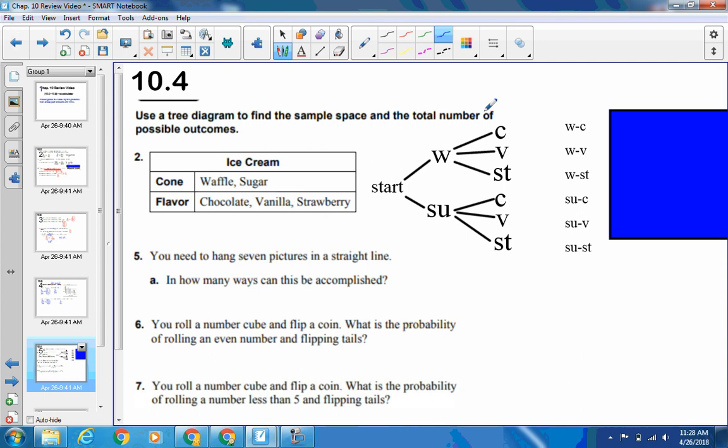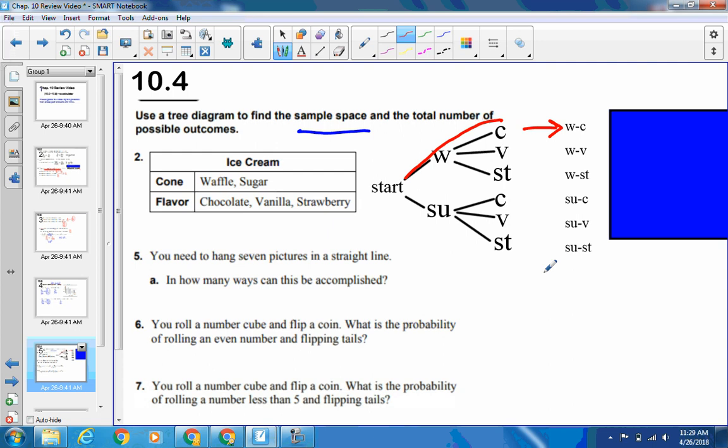But the whole key to this is making the sample space. So from that tree diagram, you need to read each of the tree branches to read the sample. So for example, this one goes with this, waffle with chocolate, and so on. Go down the list and you get those 6 different combinations there.